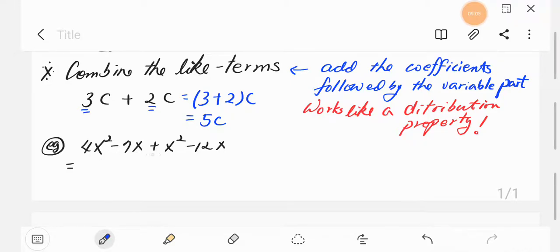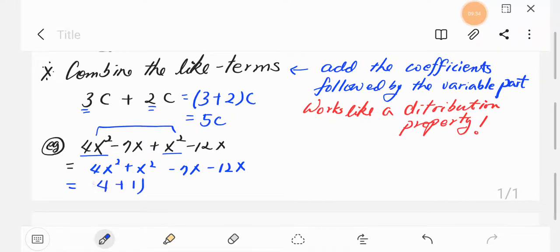Okay, there's another example: 4x squared minus 7x plus x squared minus 12x. In this case, these two are like terms, right? So let's put the like terms together: 4x squared plus x squared, and then negative 7x minus 12x. These two are also like terms. So what do we do? Add up the coefficients of the x squared terms: 4 plus 1 is 5x squared.